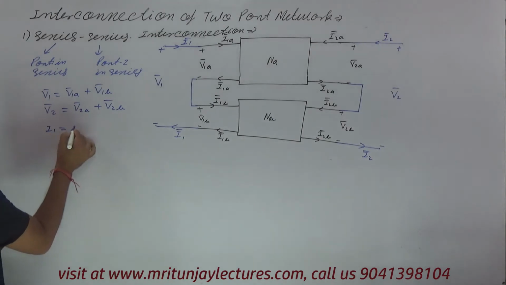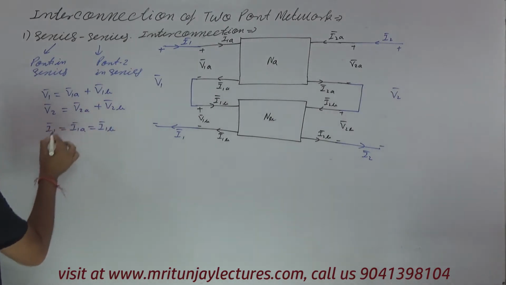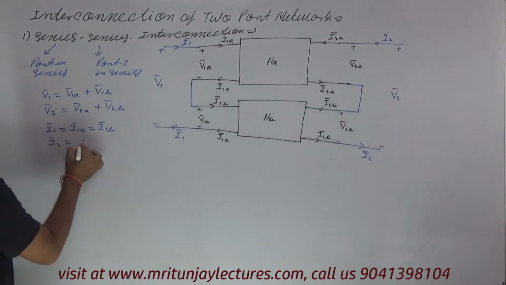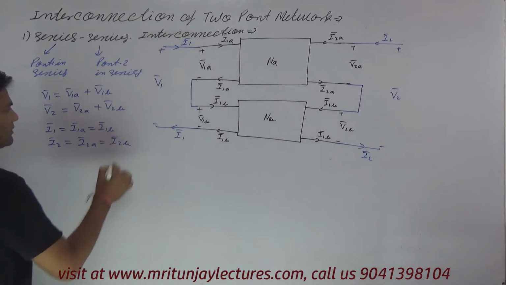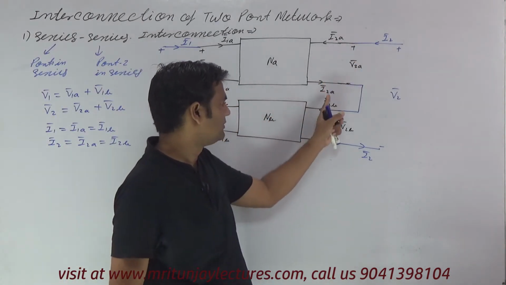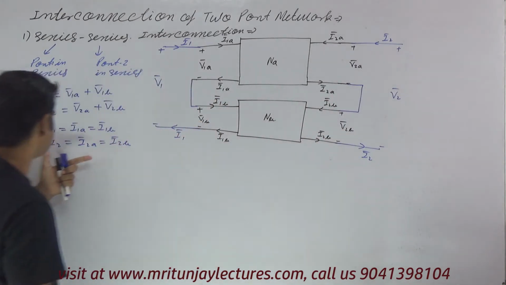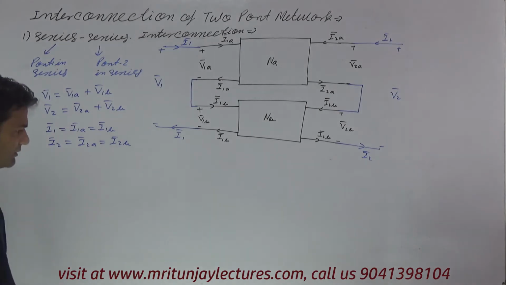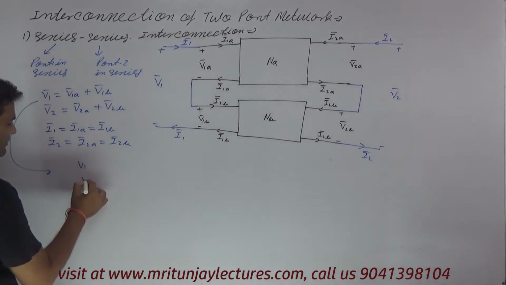I1 is equal to I1A, which is equal to I1B. Similarly I2 is equal to I2A, which is equal to I2B. That's why written like this one. Clear or not?